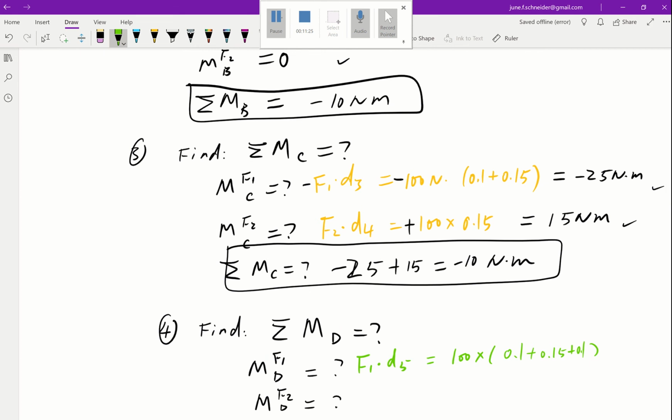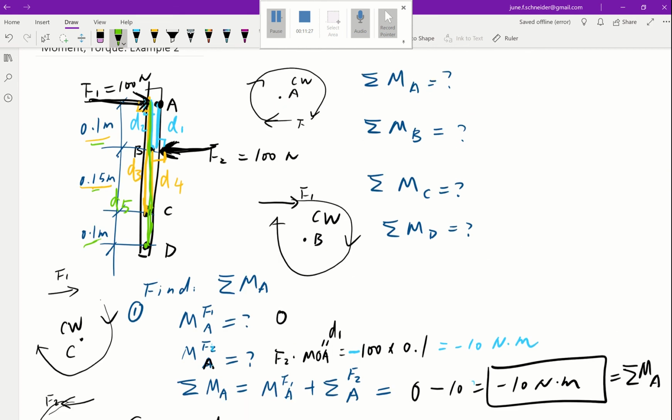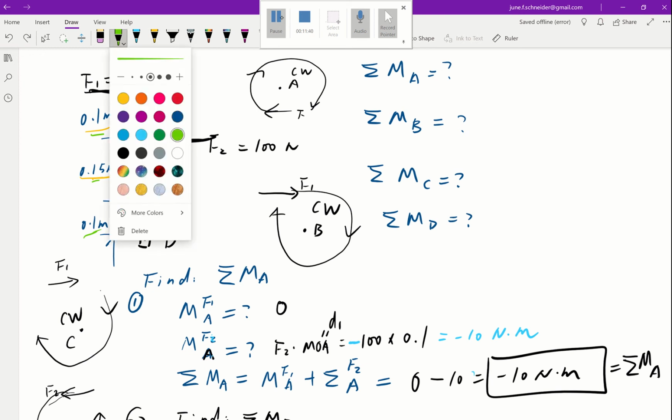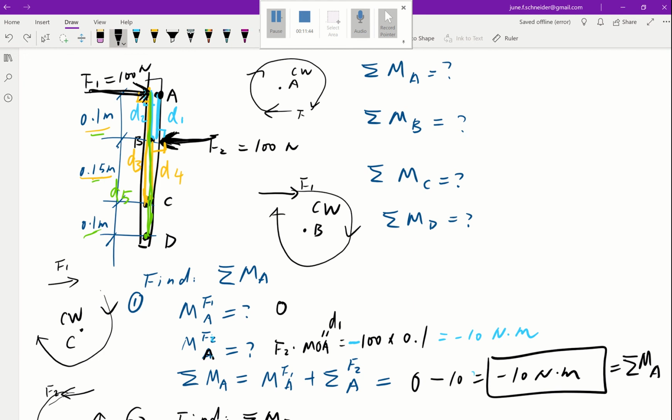Now we need to figure out the direction. So F1 rotating about D. I'm going to draw it right here.